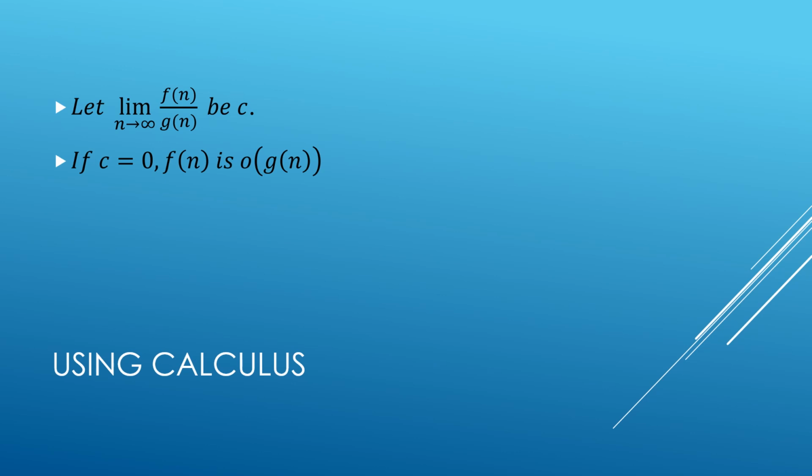So g(n) hits infinity faster than f(n), and when it hits infinity, this becomes 1 upon infinity, and 1 upon infinity is 0, so C is 0. What made this happen? A higher growth rate of g(n). If C is 0, then f(n) is little o of g(n).